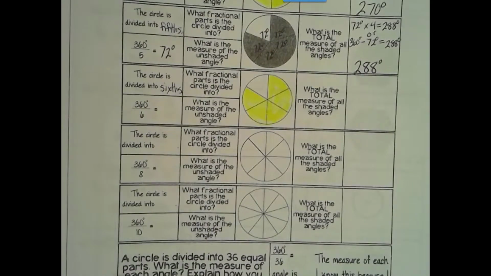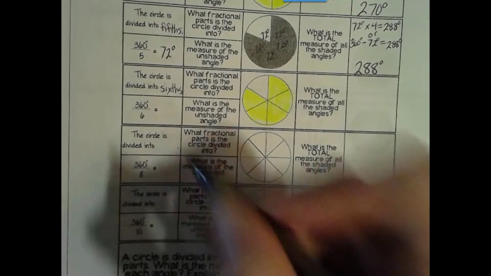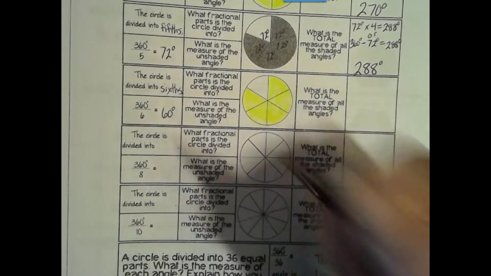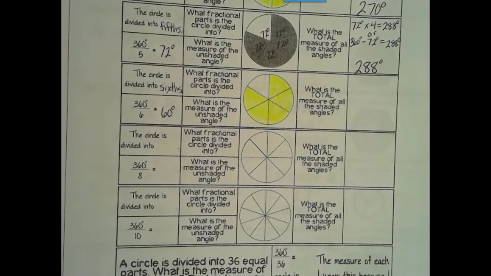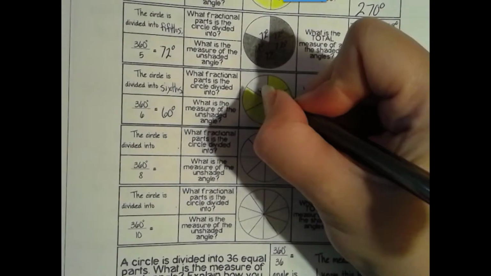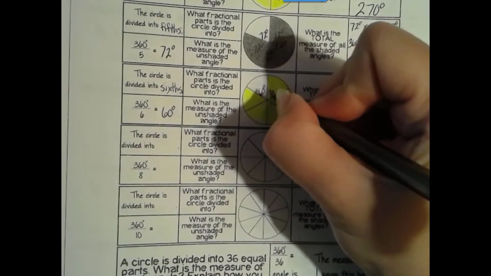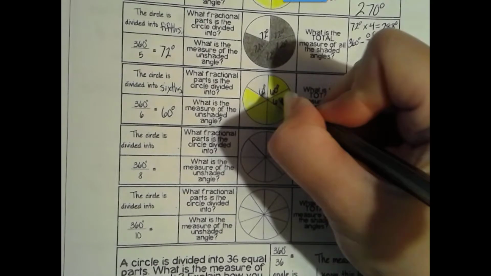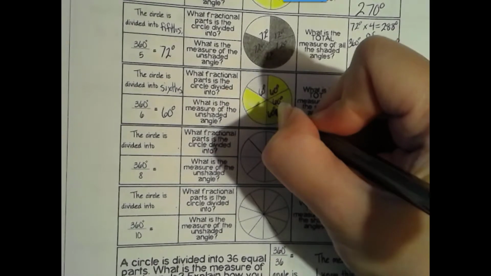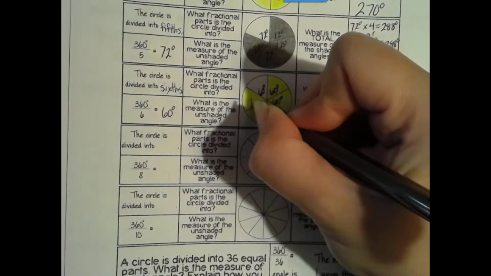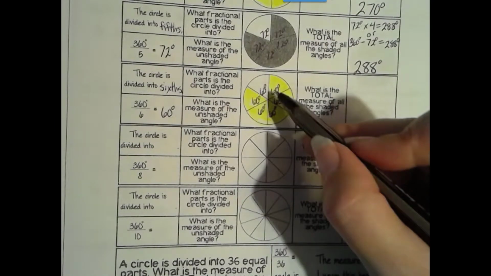So 360 divided by 6 is 60 degrees. So this one's 60. This one's 60. 60. 60. 60. 60. So I'm going to join these together.